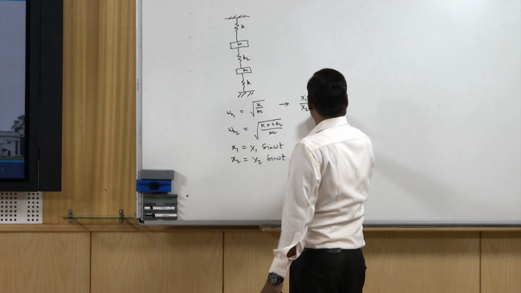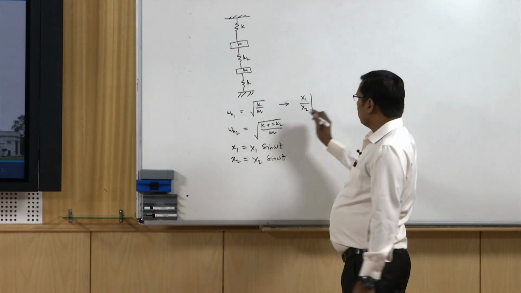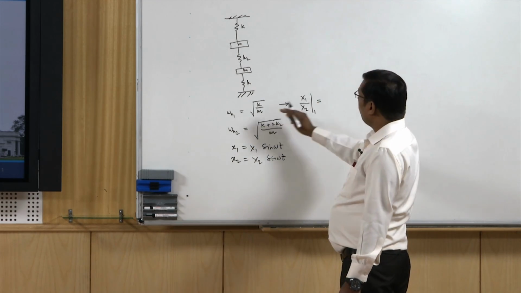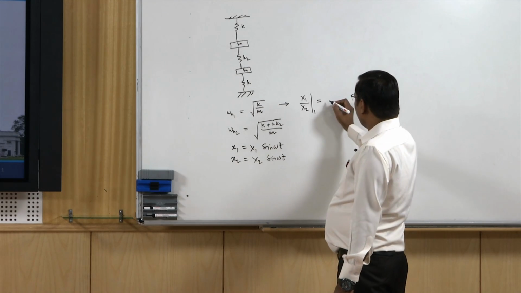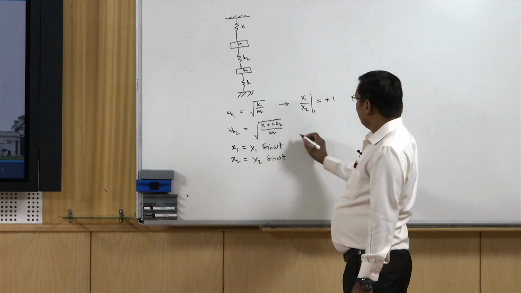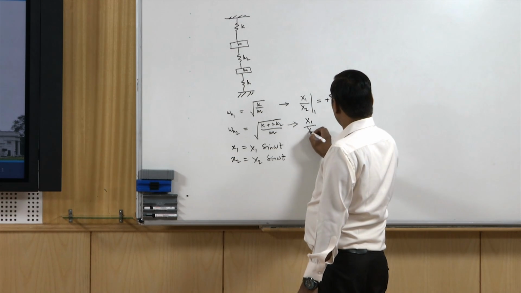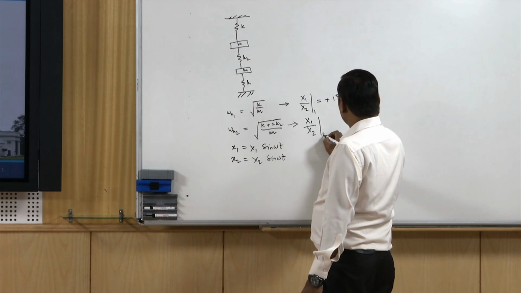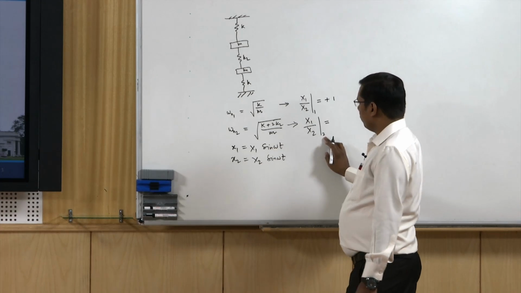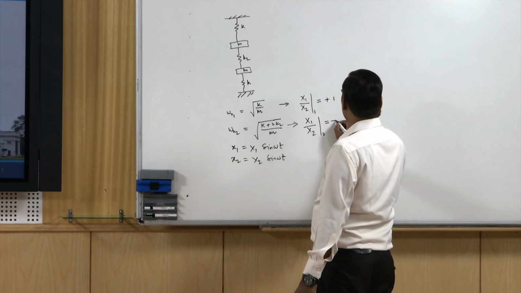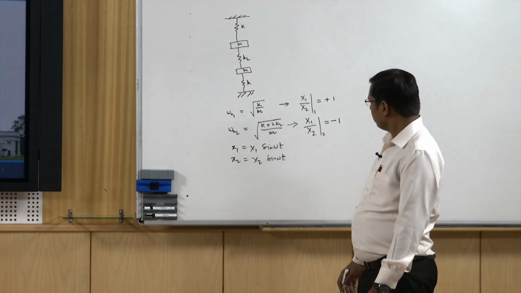For the first natural frequency, or lower natural frequency, we got plus 1, and when we calculate X1 by X2 for the second, or higher natural frequency, we got minus 1.